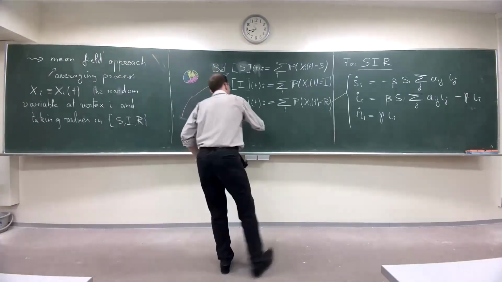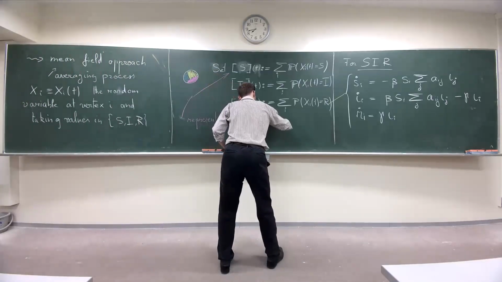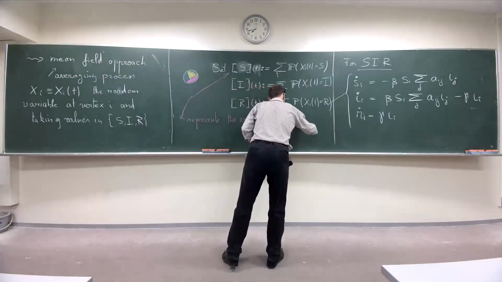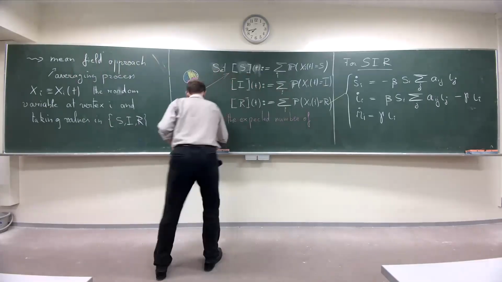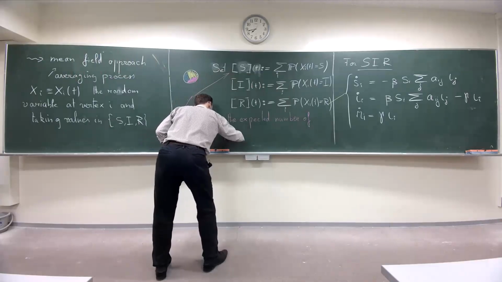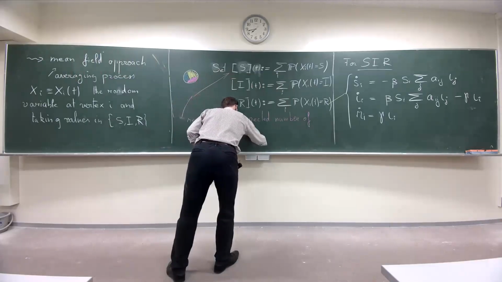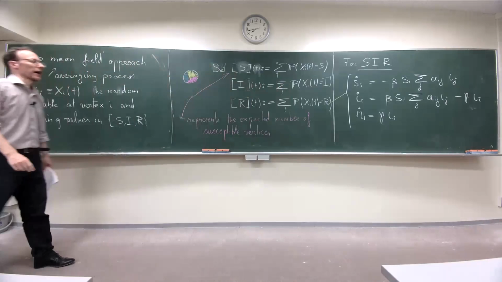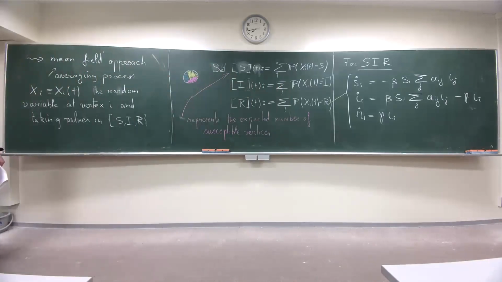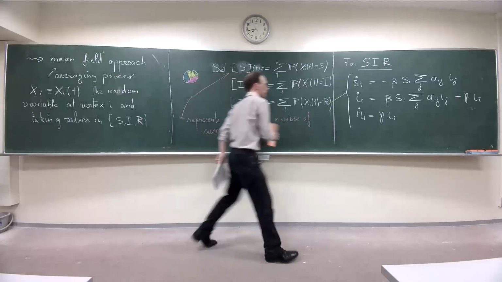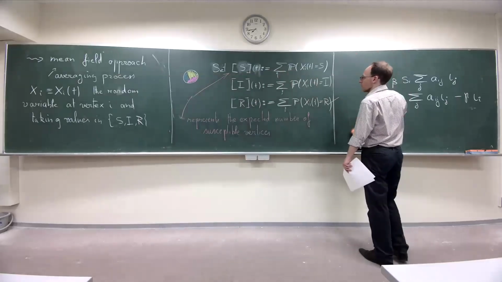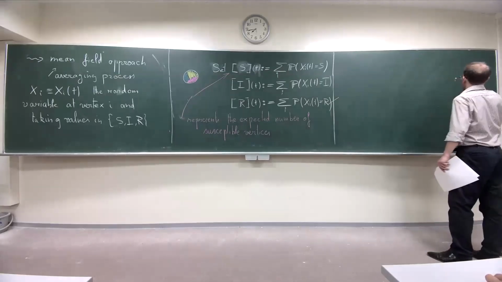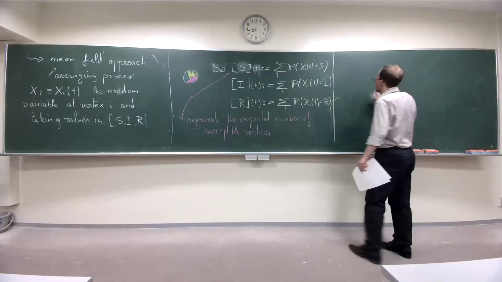So S represents the expected number of susceptible vertices. And you do the same for I. The second one represents the expected number of infected vertices, and the same for R. So the sum of these three numbers has to be equal to n.